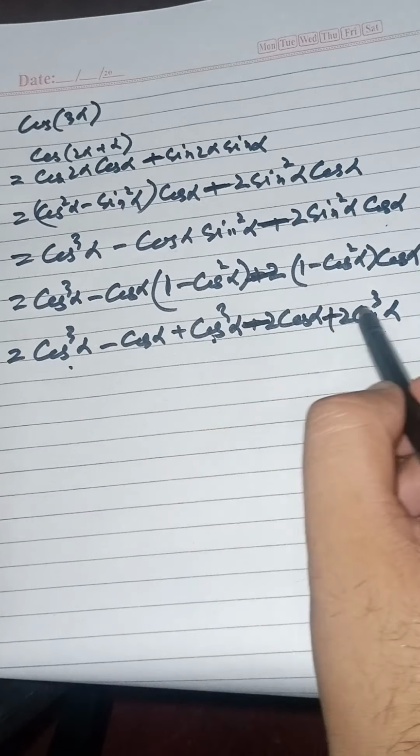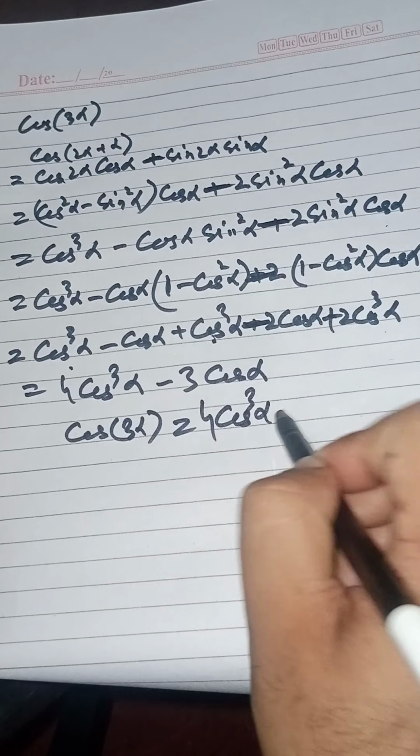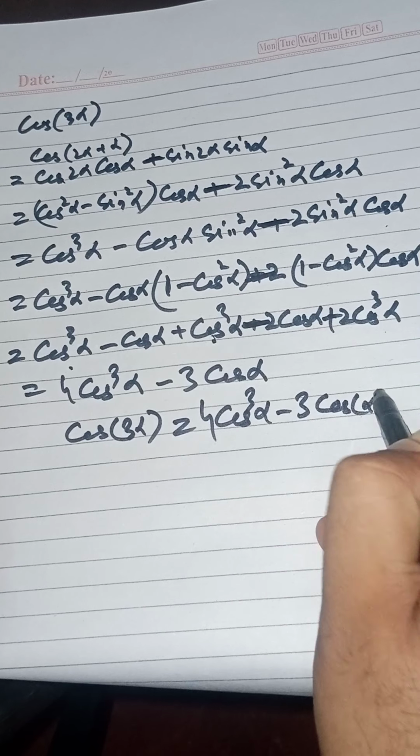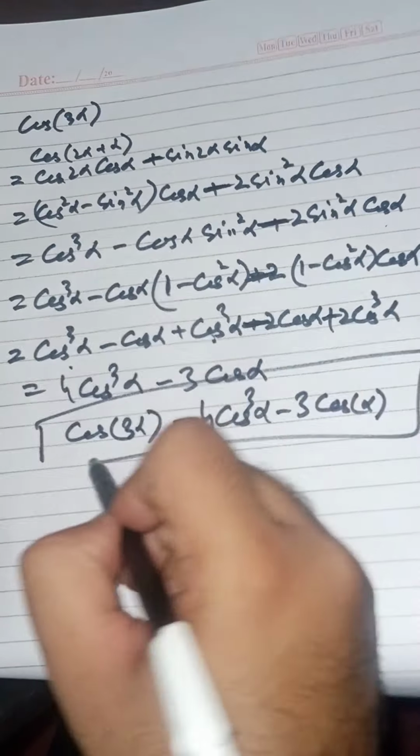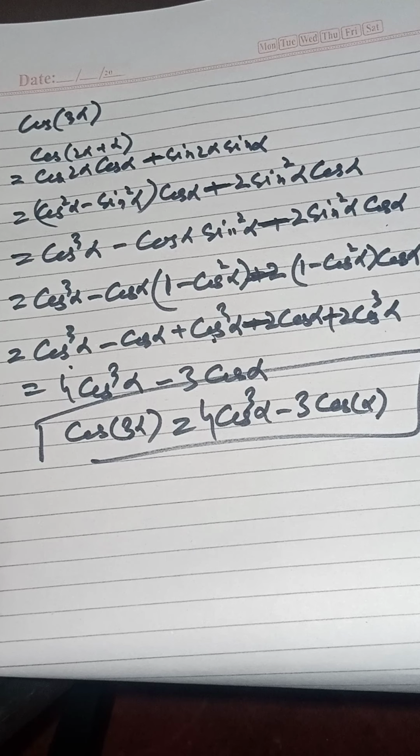So cos of 3 alpha is equal to 4 cos cube alpha minus 3 cos alpha. It is the second triple angle identity, cos 3 alpha.